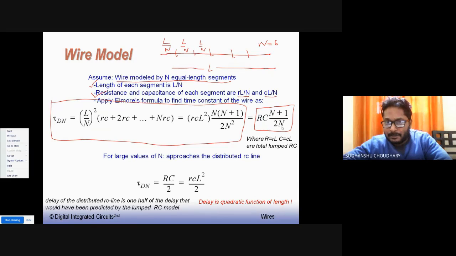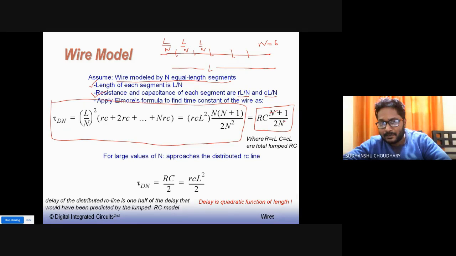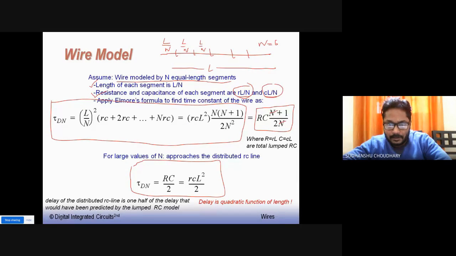Now if n is very large here, these two n cancel, and we have RC by 2. So the delay becomes equal to RC by 2. Now R is RL by n and C is CL by n. So put it here, and we get the final delay as RC L square by 2.